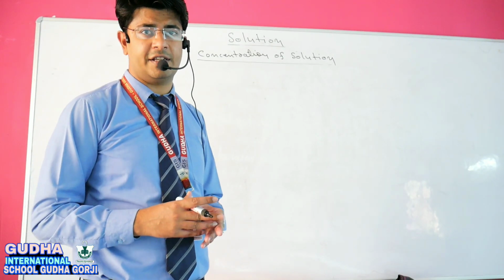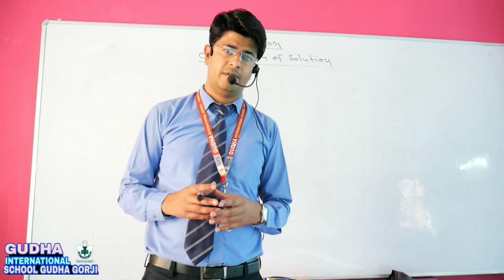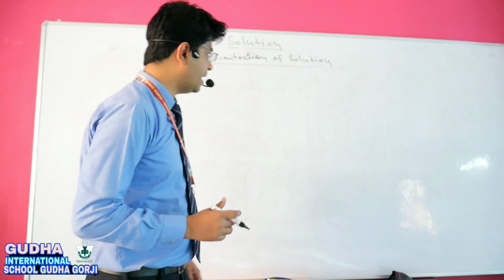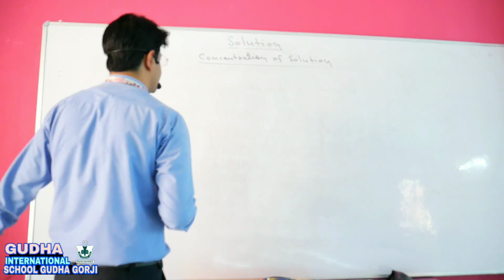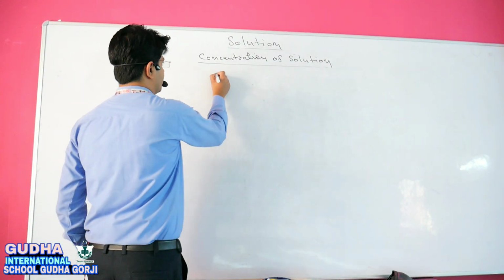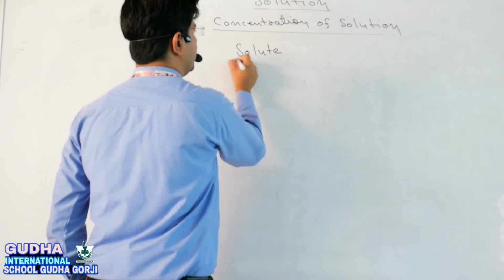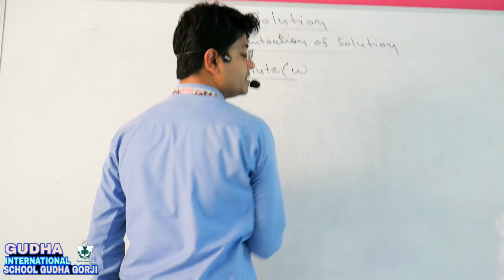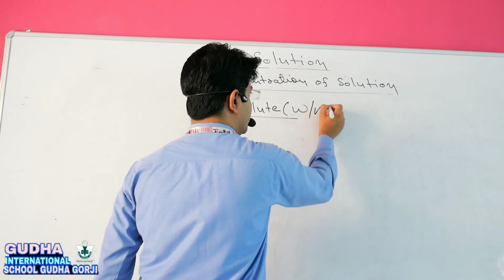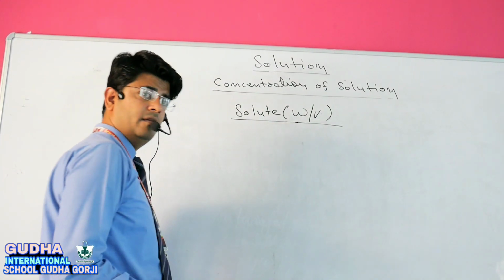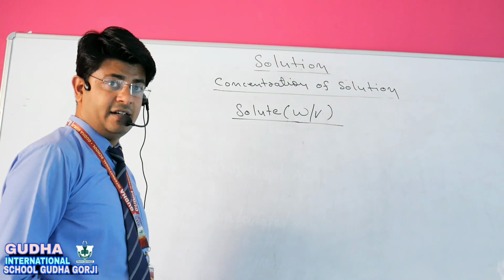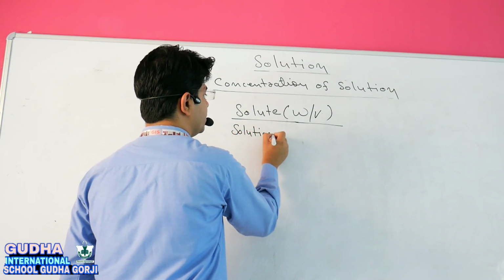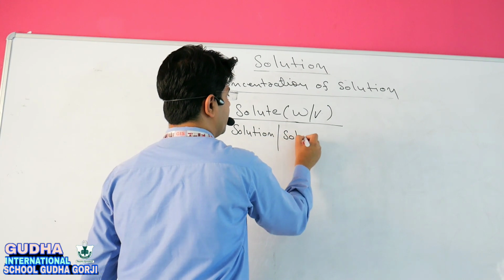So the concentration is always given on the basis of solute, not on the basis of solvent. So simply I will describe it. The concentration is the quantity of solute. The quantity can be measured in mass or in volume, both, present in the quantity of solution or solvent.